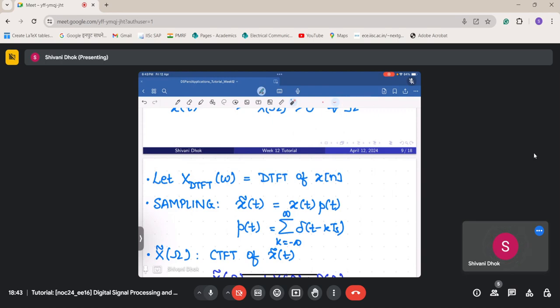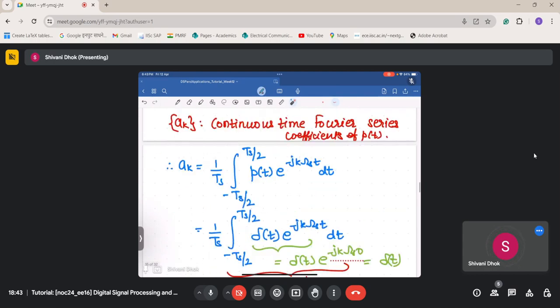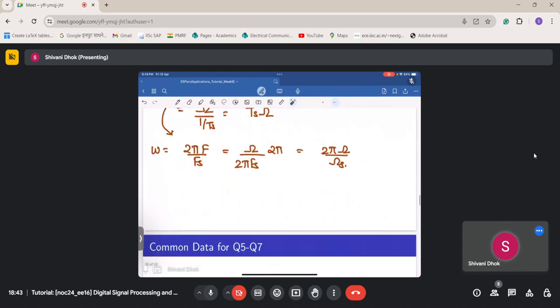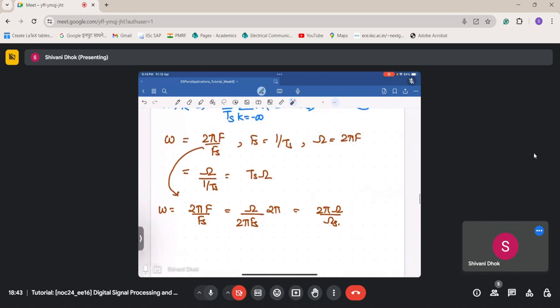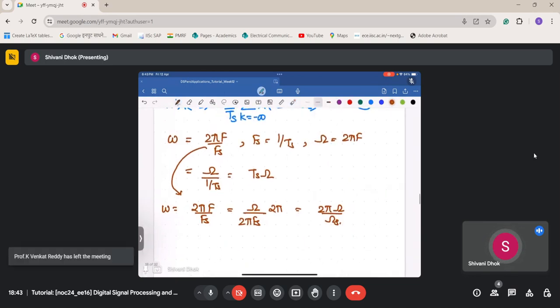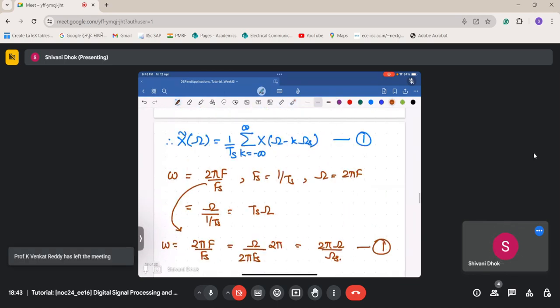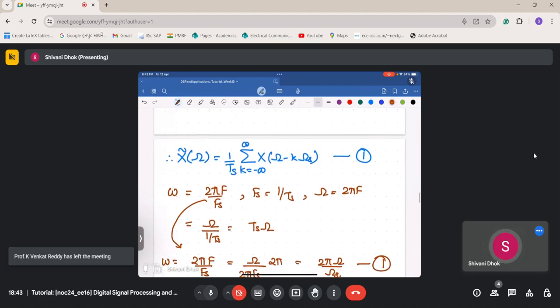So that we'll figure out after some time. So now we are here. Just keep this relation in mind. Let me number it as equation 1. So omega is related like this.